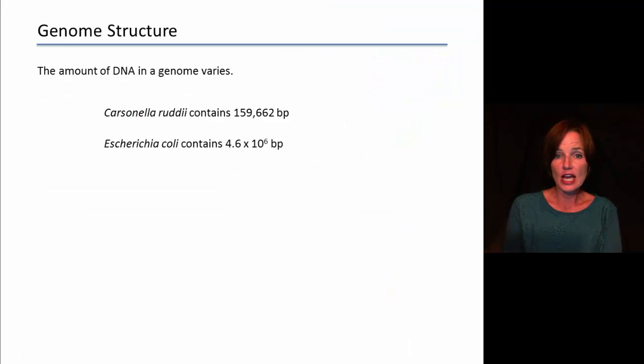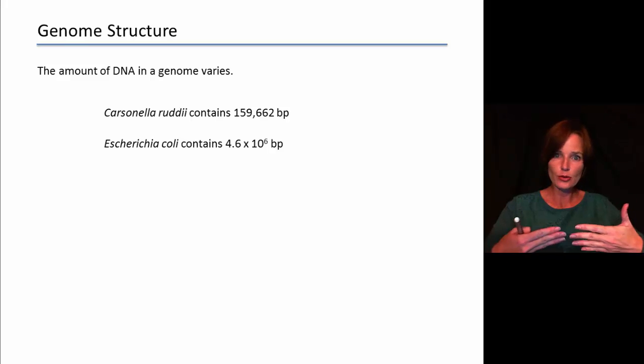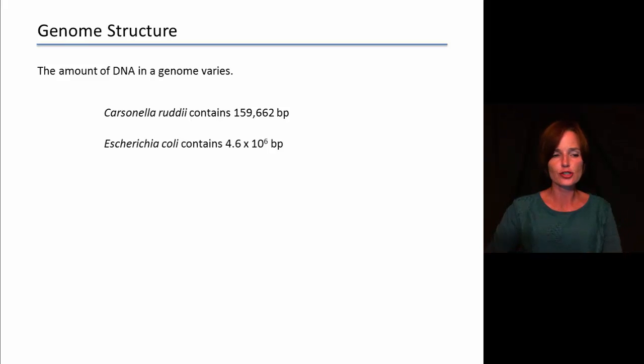The amount of DNA that we actually have in the genome is going to vary very widely. The smallest one that we know of, you can see right here, this Carsonella. This contains about 160,000 base pairs, so that's what the BP stands for. We call it base pairs because it's always a double-stranded molecule, with one base across from the opposite base paired participant in the other strand.